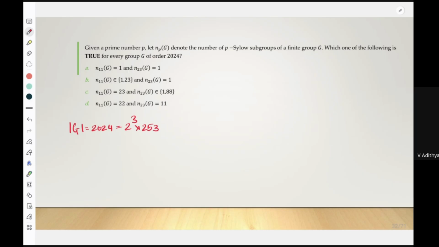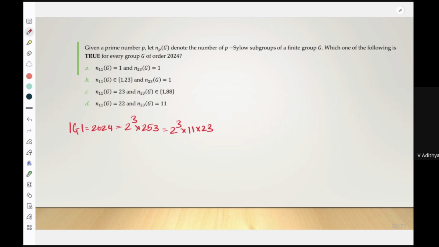From the options, you can see they're asking about 11 and 23, and 253 is 23 times 11. So you can write this as 2 cubed times 11 times 23. This is the first step.